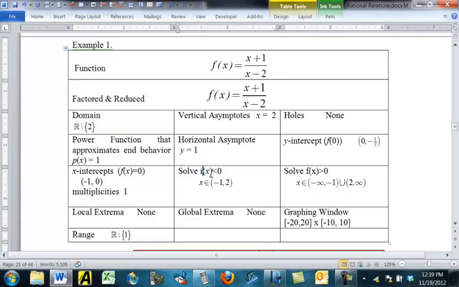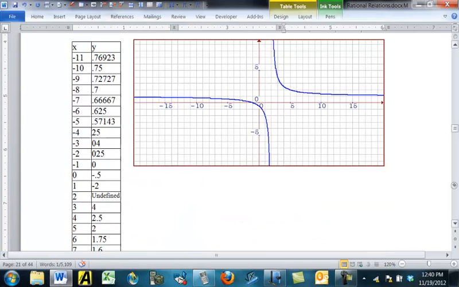We'll look at the graph here to figure out the rest of this stuff. Okay, a little trial and error may have us going here till we figure out an appropriate window. But it looks like I decided on negative 20 to 20 and negative 10 to 10.